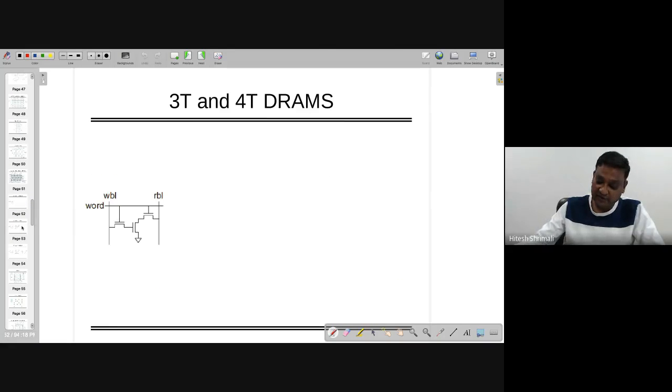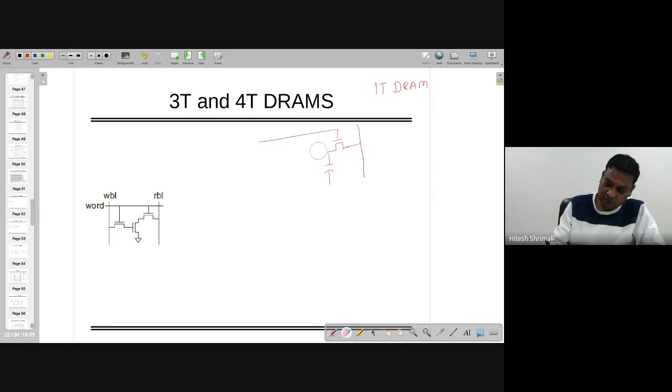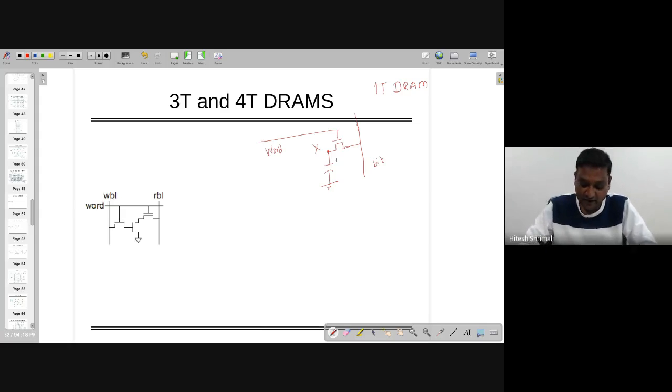Okay, it is also popular that you don't use only and only 1T DRAM. There was 1T DRAM because it has one transistor and one capacitor. So this was the structure. Here the problem is actually that the delta V which you are seeing is a very low value.